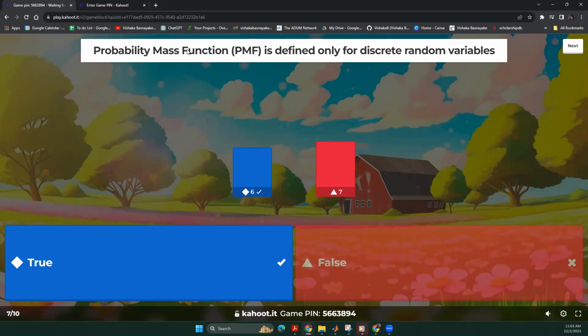If we want to find the probability of a certain event occurring under discrete random variables, we need to take the summation of all the probabilities under the discrete random variable values. So the probability mass function is defined for discrete random variables only. The continuous version is the probability density function, basically.